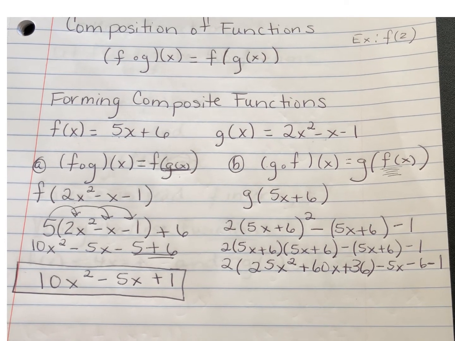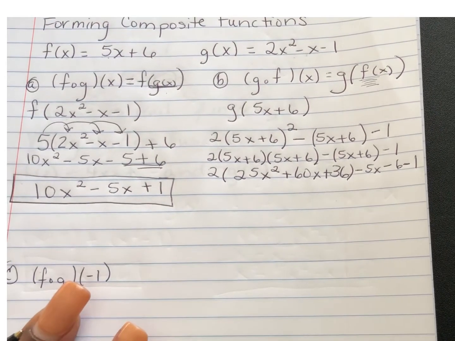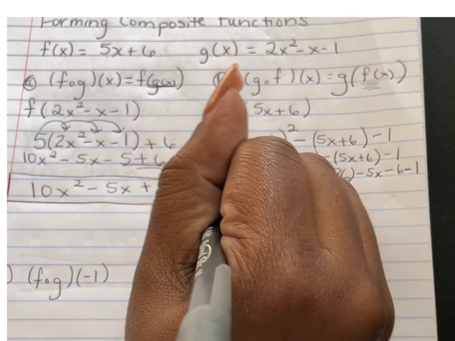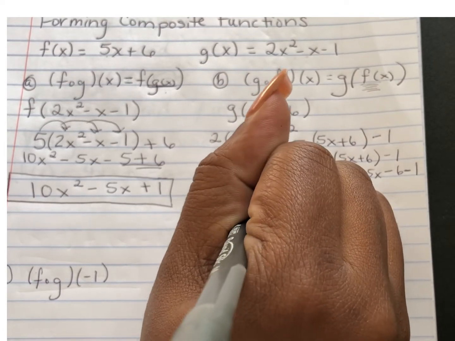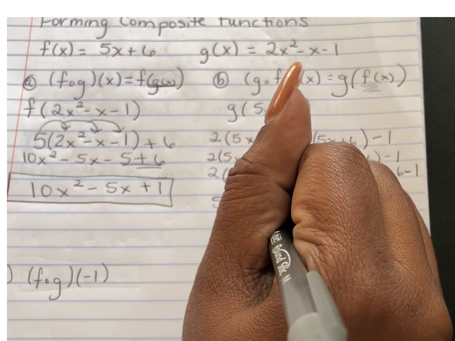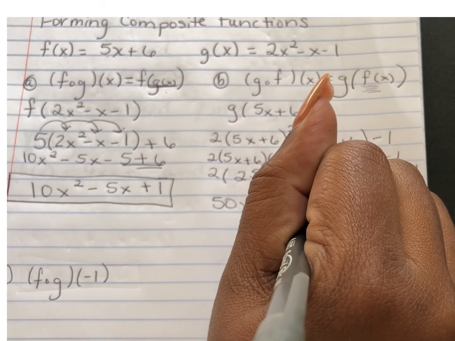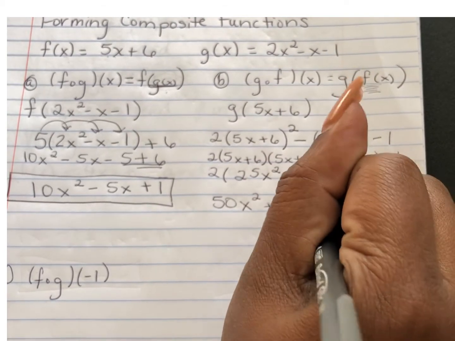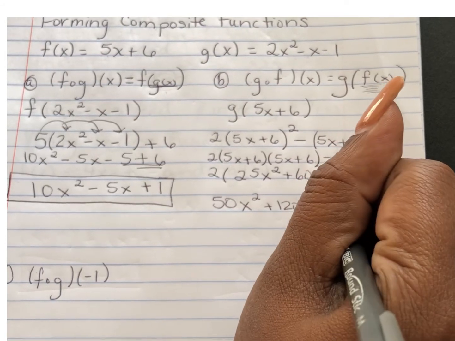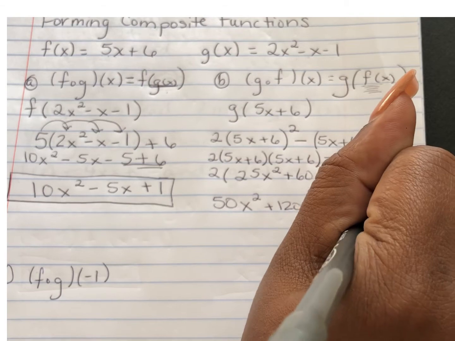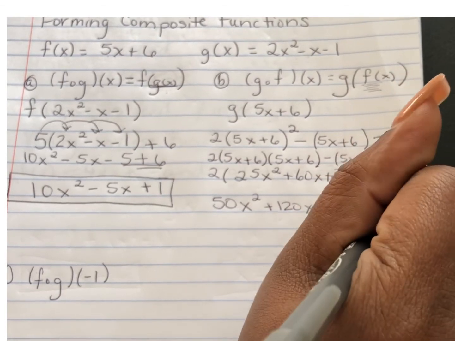Now we can distribute that 2 throughout the parentheses, and we get 50x squared plus 120x plus 72, minus 5x minus 7.